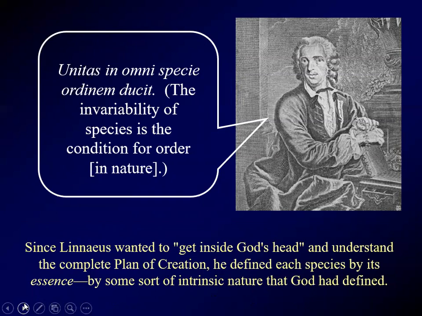Dogometer. What's that? Dogometer. Okay, you can measure it with a dogometer or something like that, but they've all got some sort of inherent dogness, and it's your job to figure out what that is. As he said, the invariability of species is the condition for order.